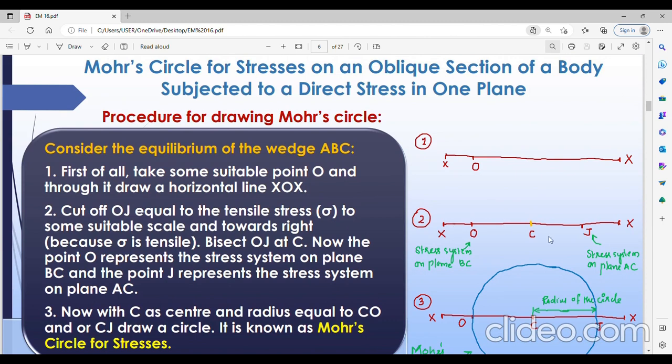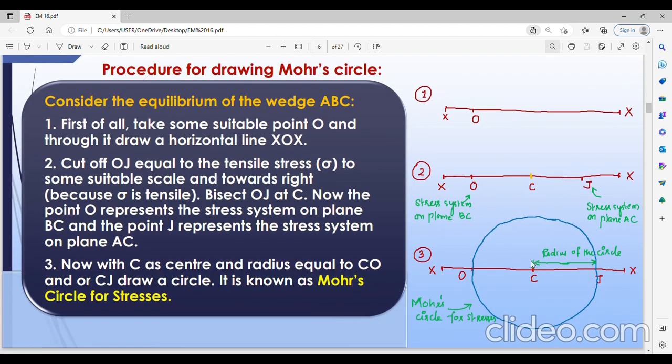Now you got OJ, right? OJ we have drawn by taking sigma to scale. Now what you have to do is take the midpoint of OJ. So here C is the midpoint of OJ. OJ is equal to sigma taken to scale, and we are taking the midpoint. Now we are drawing a circle with CJ or OC, both are equal.